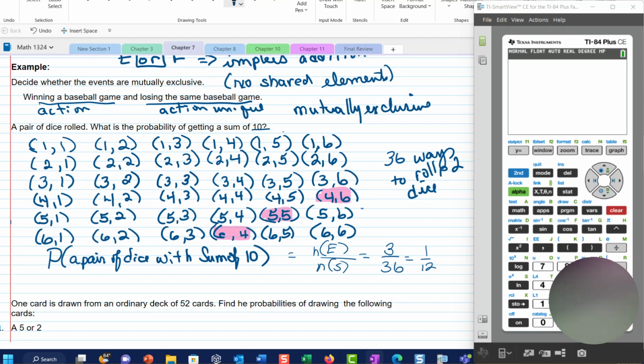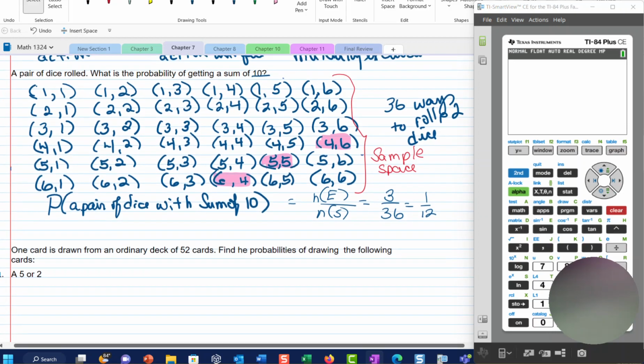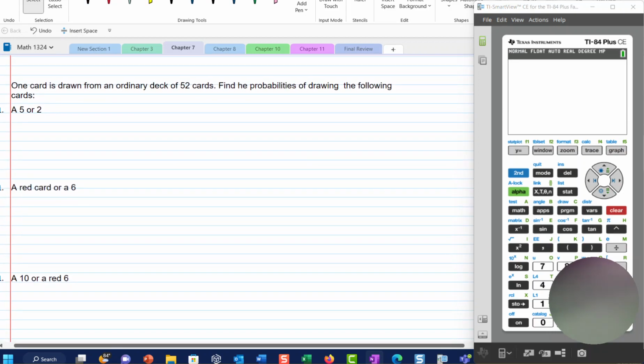Again, this is our sample space. And this is the cardinality of our event in pink. And then we get the probability. Now, on this one, we're talking about cards in an ordinary deck of 52.